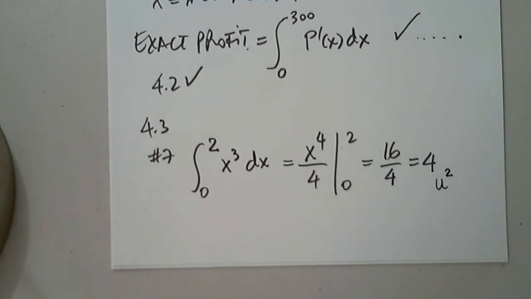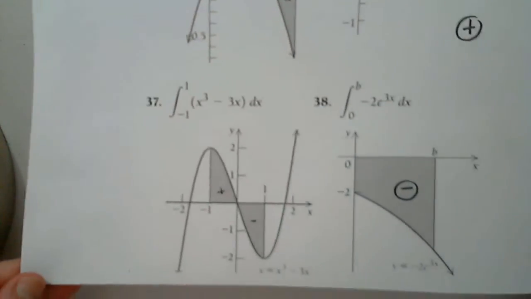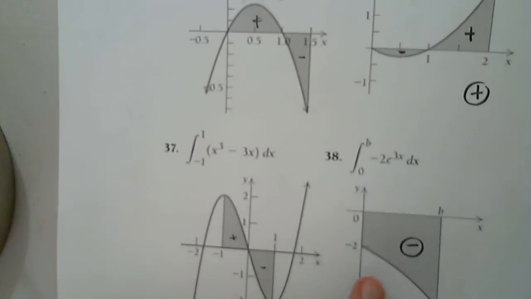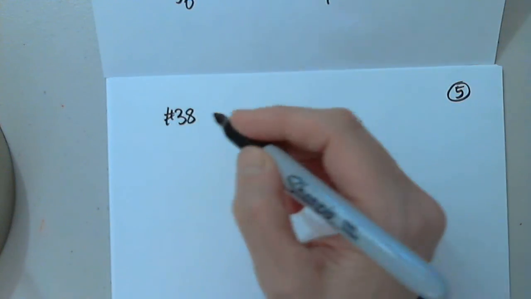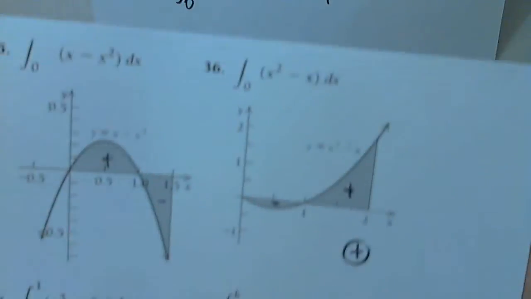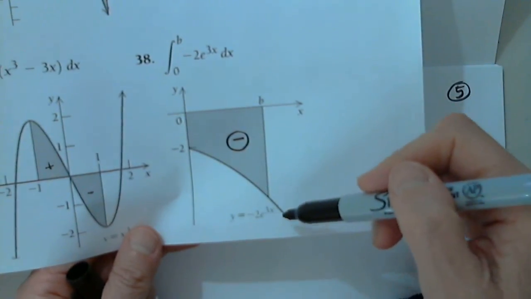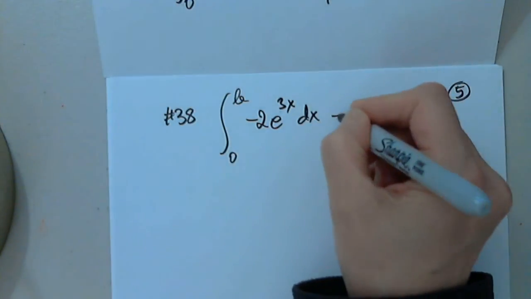Good. Let's also choose from here. We do 38. 38, this one? Yes. Okay. So in 38, we have the integral from 0 to b of negative 2 e to 3x dx.